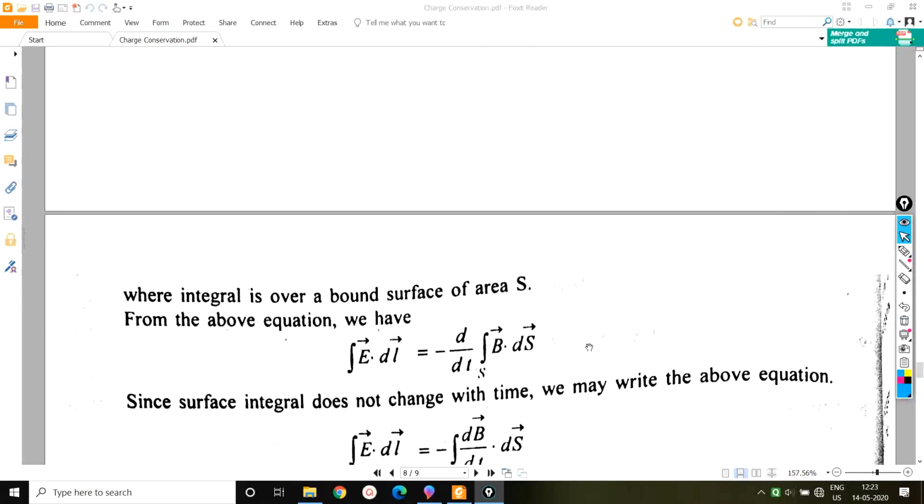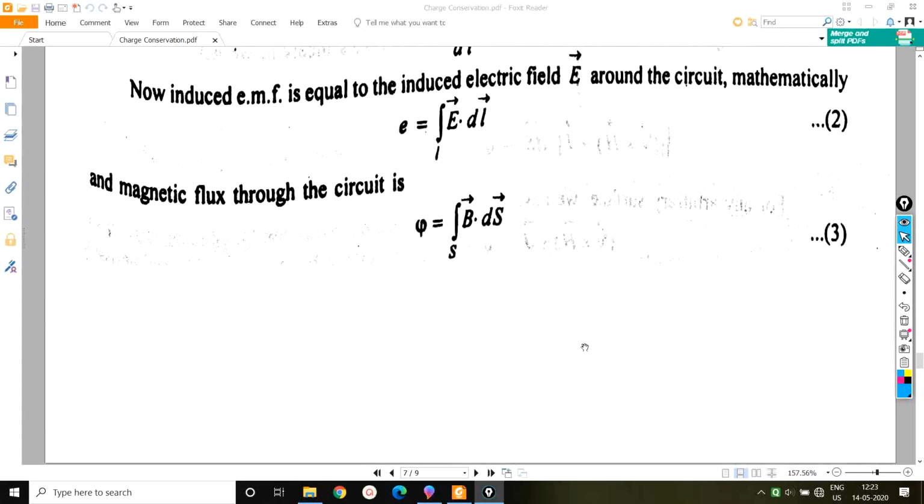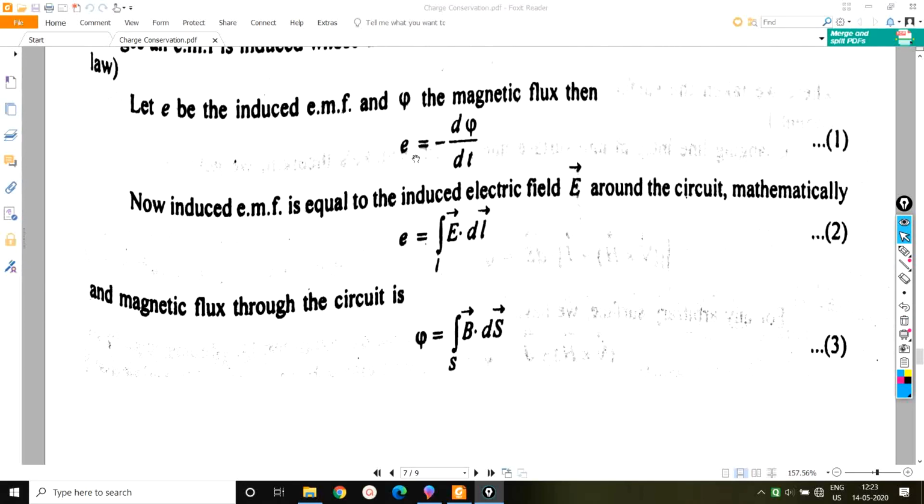Going back to equation 1, which is E equals minus d phi dt, we replace the induced EMF by equation 2, the line integration of E dot dl, and we replace phi by the surface integration of B dot ds.